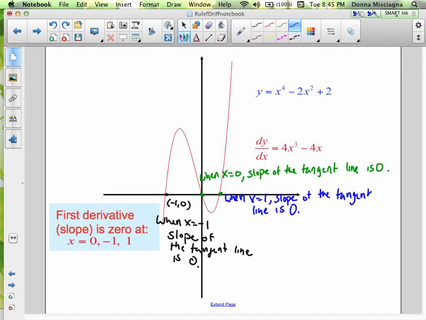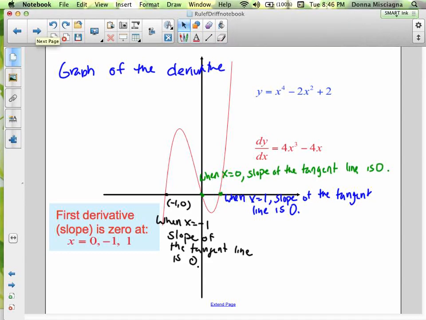Oh, silly me, I forgot. I put the graph of the derivative here. I'm looking at these and it doesn't seem like that's at (0, 1). It's not. This is the graph of the derivative. I'm allowed to make one mistake when it's late.